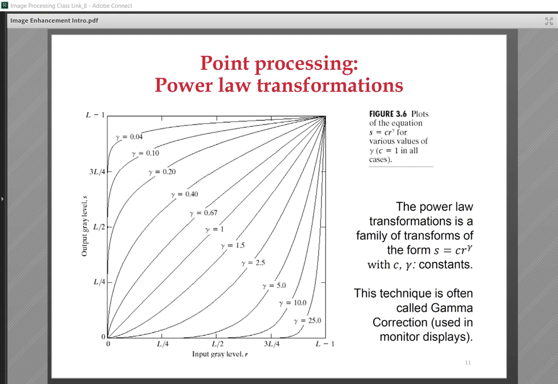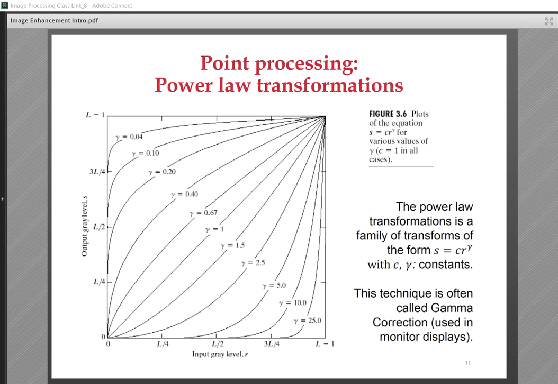You see that this is for small gamma and this is for large gammas, and this line is the linear, no change, where gamma is 1. That means if C is 1 and R is powered by 1, S is R. This is the linear, no change.